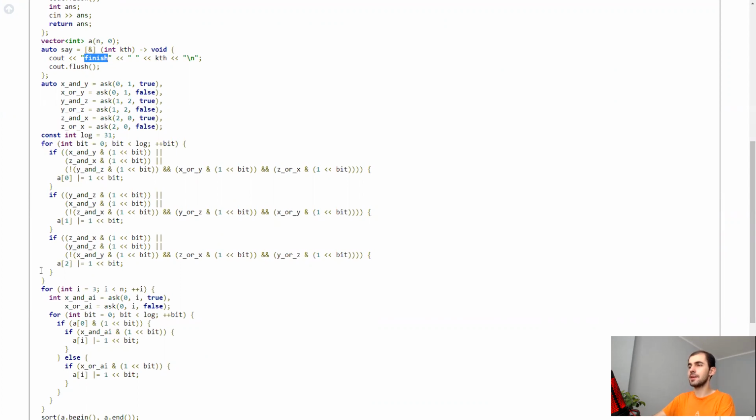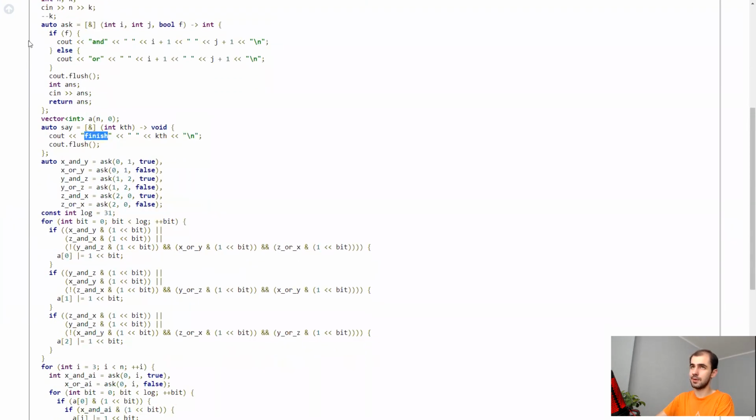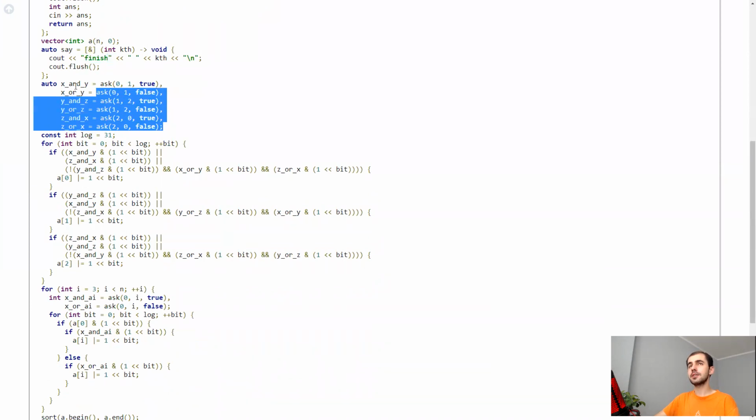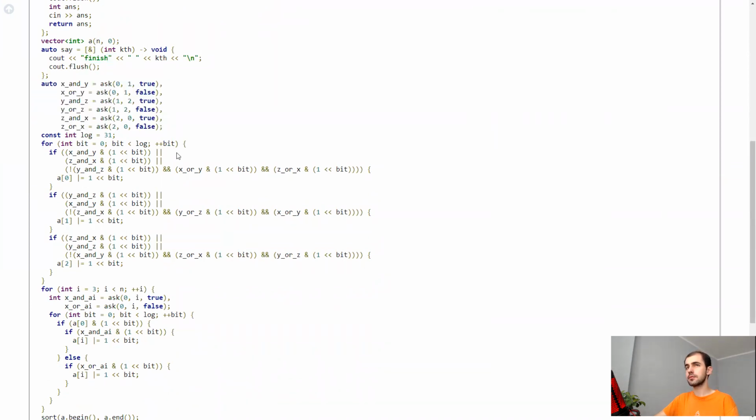It's not like you made a typo in one of several if-else branches, and then only test number 69 catches it or something. If you make a typo here, then you will always see it. That's one side benefit. We make all such queries and we restore numbers bit by bit.